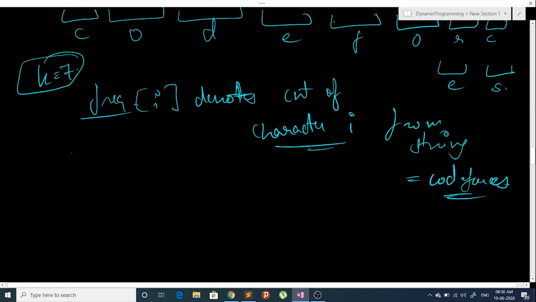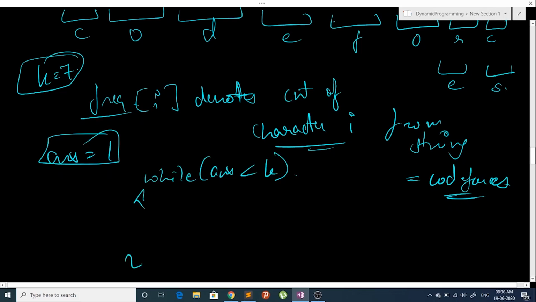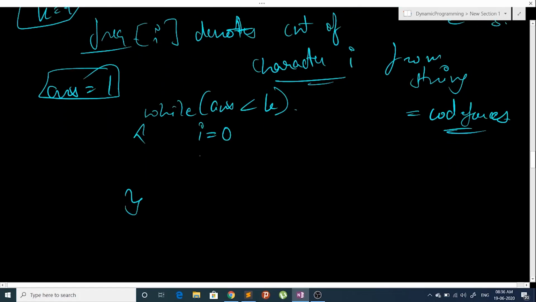So the algorithm to do this problem is: I will have answer initialized to 1. While answer is less than k, I will initialize my i equals 0, and while answer is less than k and i is less than the length of the string, which is, 1, 2, 3, 4, 5, 6, 7, 8, 9, 10, so the length here is 10.